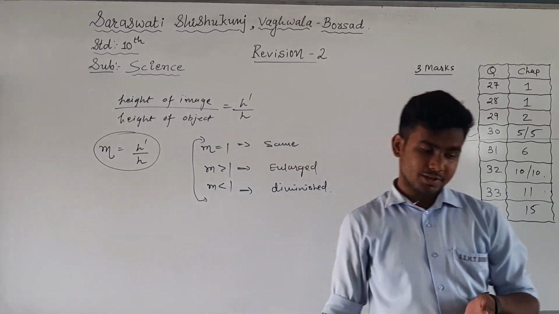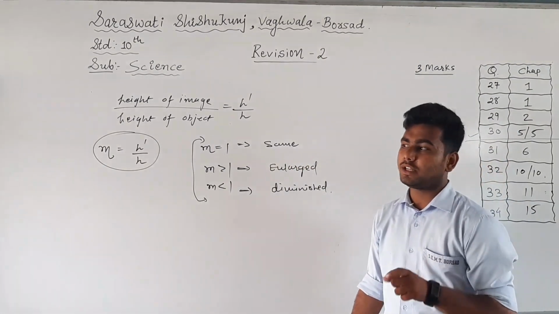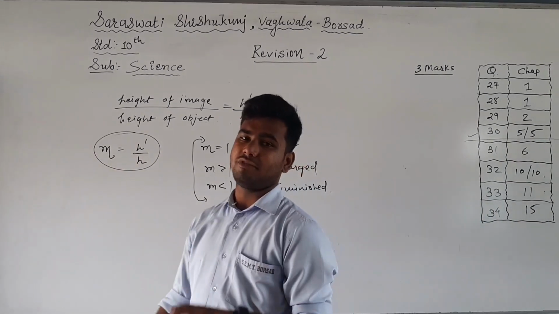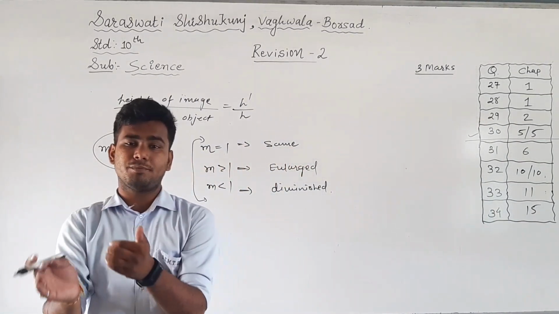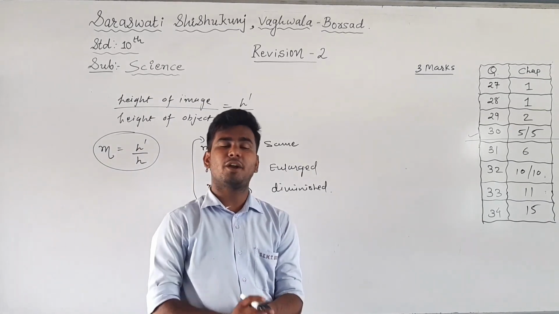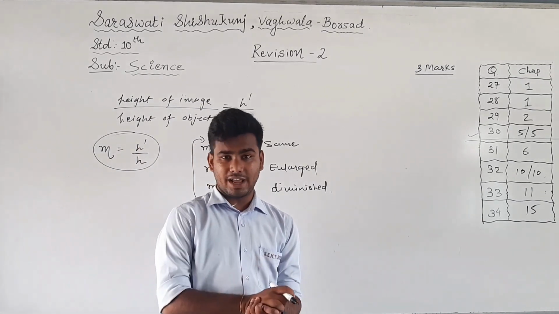We can also think about refraction. Already we have discussed what is called refraction. When light enters from one transparent medium to another transparent medium, it changes its direction. That phenomenon is called refraction of light.